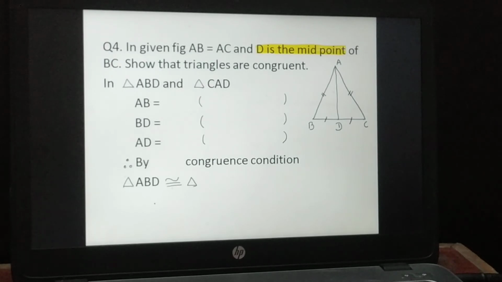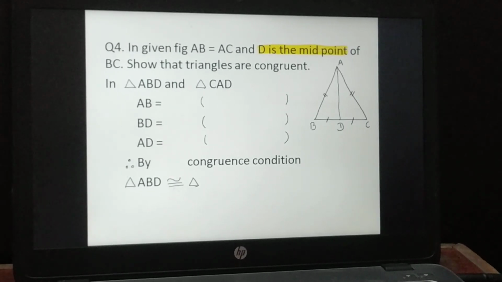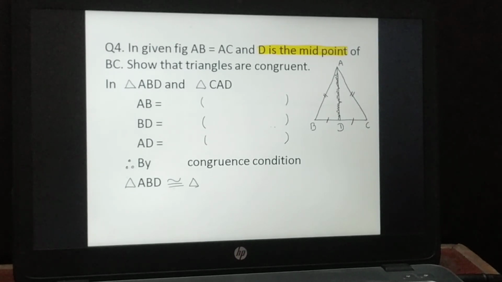This will be the same. So now, which is the third condition you need to find out? Definitely, here you can see that AD is a common side in both the triangles. So we can say that again three sides we are getting the same. Therefore, by which congruence condition? By SSS congruence condition, the triangles will be congruent.